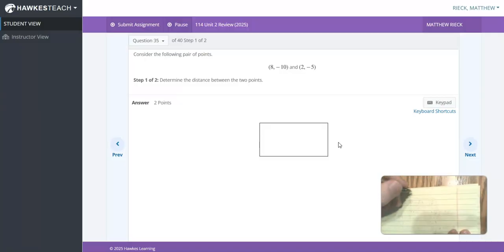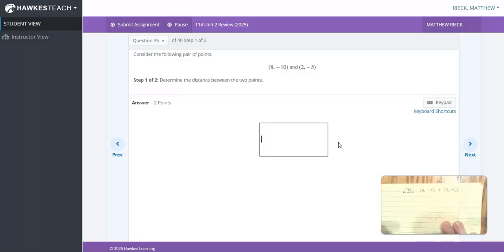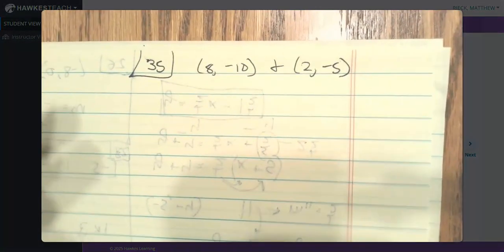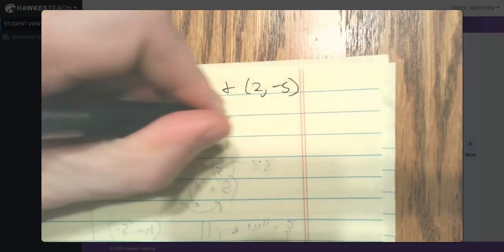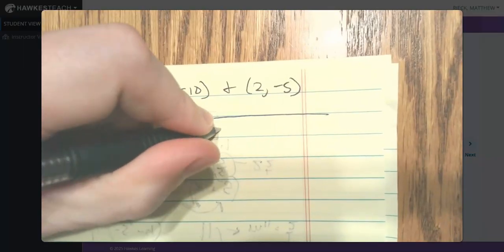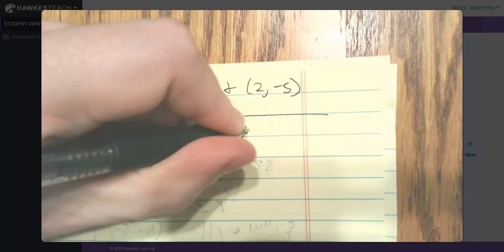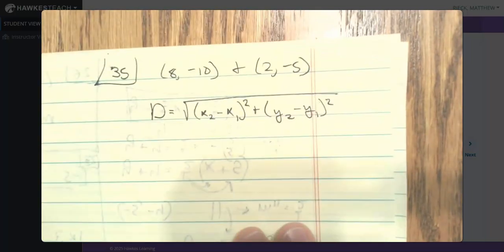Alright, so next here we're asked to find the distance between 2 points. So we have the points (8, -10) and (2, -5). Again, the distance is equal to the square root of (x2 minus x1) squared plus (y2 minus y1) squared.